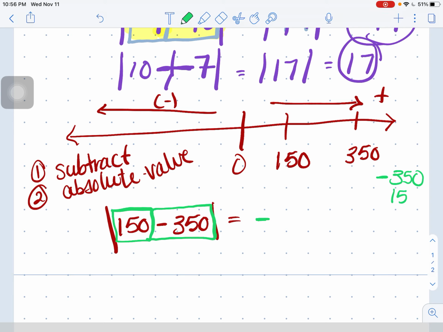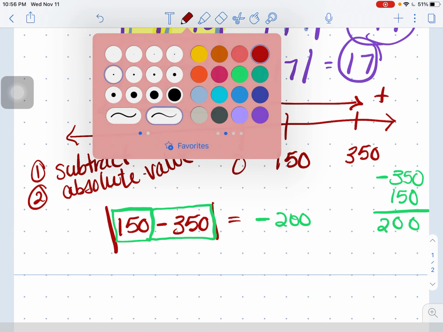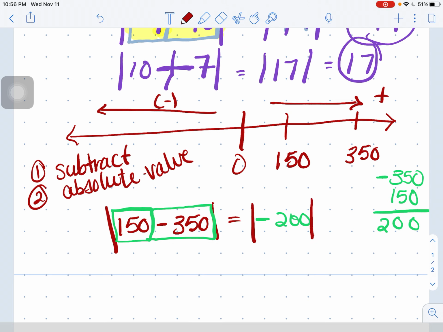You pay 150 of it, but you are still going to owe $200 when you're done. So when I subtract these, I still owe $200. Now, absolute value bars. Absolute value of negative 200 is positive 200. So there are 200 numbers between 150 and 350.